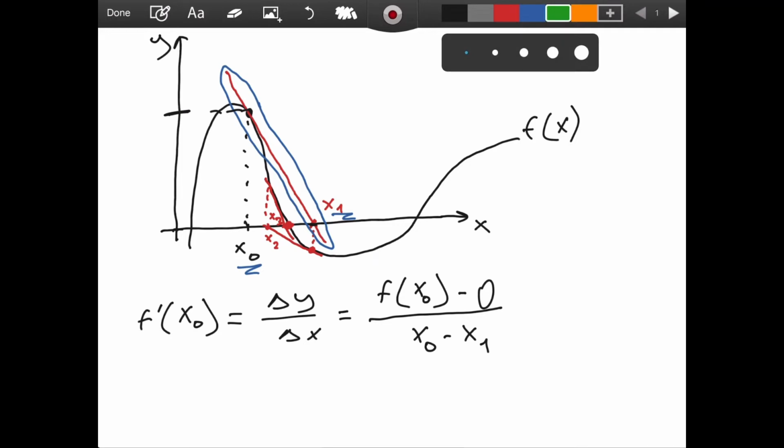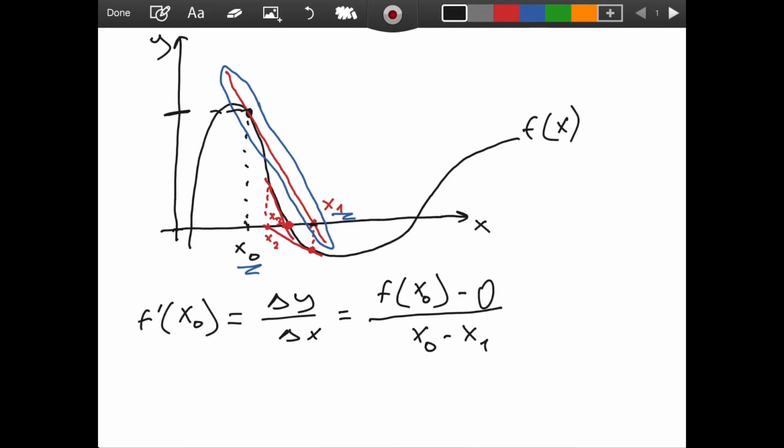Maybe I should highlight it in green. So this distance, right? We use them to find the slope. All right, great. And this is x1, by the way.